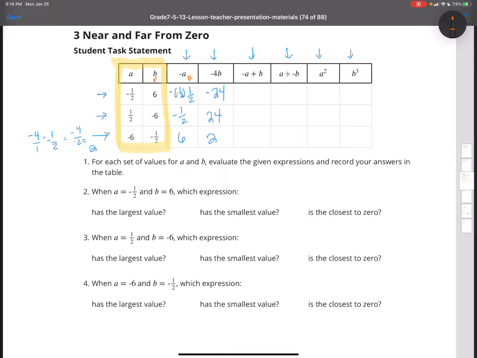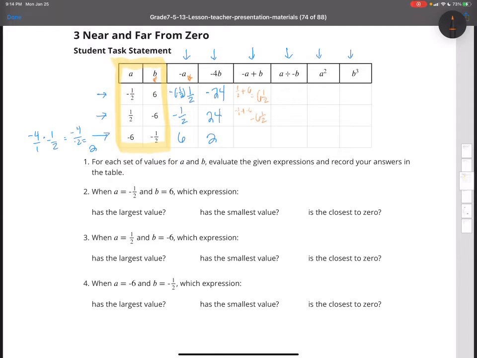With this one I have 1/2 plus 6, and that'll give me 6 and 1/2. The next one, the value of A is a negative 1/2, and it says plus a negative 6, which will give me negative 6 and 1/2.